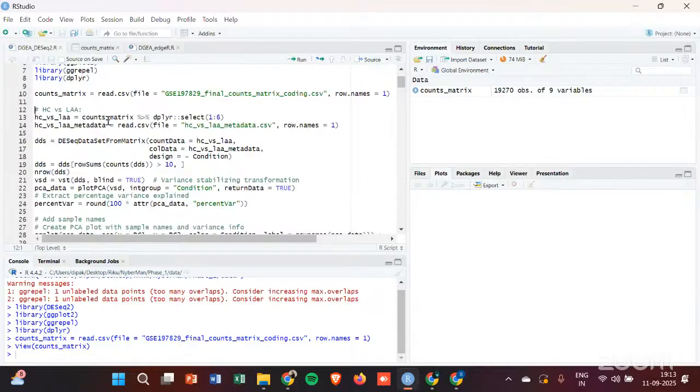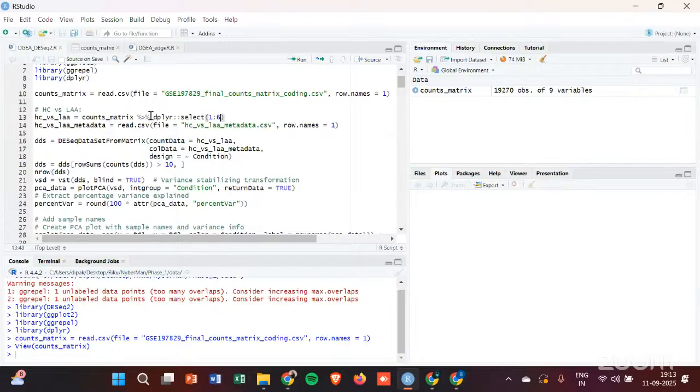Now you can see here that I'm using a very particular syntax. This syntax is specific to this library called dplyr. This is pronounced as dplyr, and this basically makes your data wrangling operations much easier. Data wrangling operations means like you're subsetting, you're mutating some columns, etc. Usually in base R we would have done that using subset, or using the data frame name, dollar, then the column name and all of that.